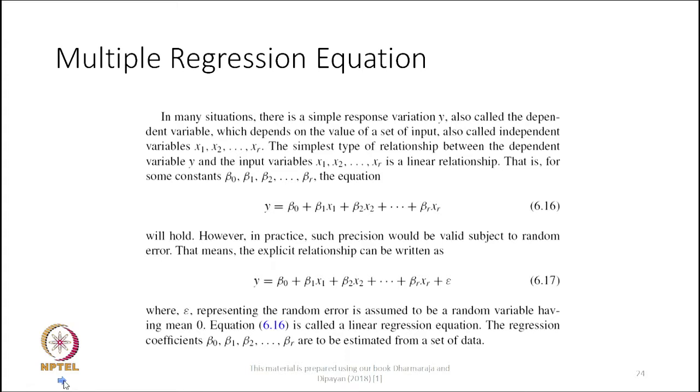The simplest type of relationship between the dependent variable y and the input variables is a linear relationship. For some constants beta naught, beta 1 and so on to beta r, you can frame the linear equation y equal to beta naught plus beta 1 x1 plus beta 2 x2 and so on plus beta r xr.